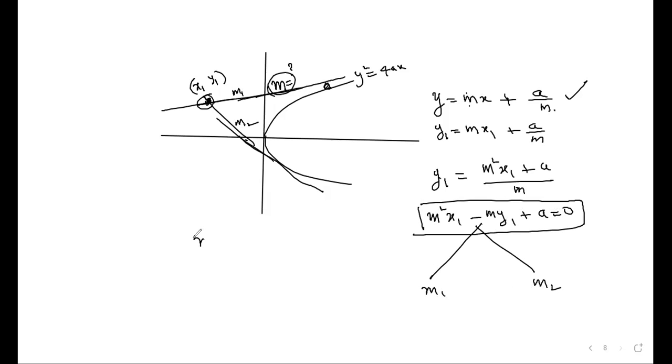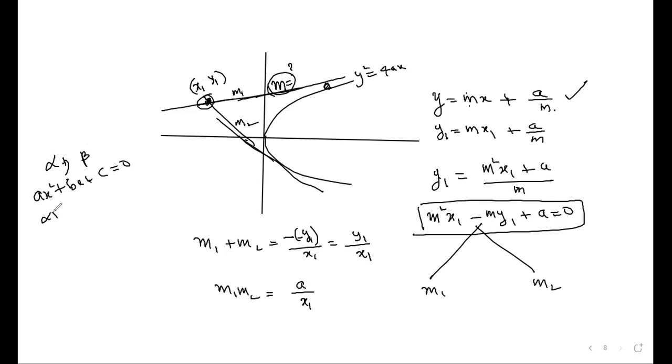Further, sum of the roots is minus b by a. So y1 upon x1 is the sum of the roots. That means if I take y coordinate divided by x coordinate, it will give you the sum of the roots. And product of the roots will be a by x1. You know, alpha plus beta, where alpha and beta are the roots of the quadratic equation.